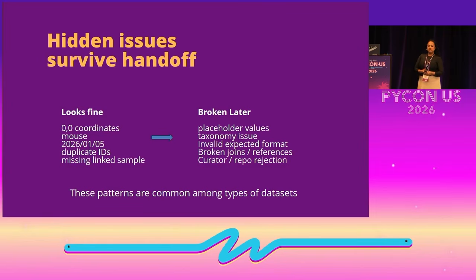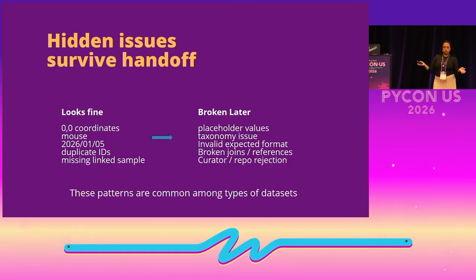Then duplicate IDs: a lot of copying and pasting rows, or you're making updates and you update the wrong one, and then you have duplicated data. And missing link samples are interesting. When you're submitting data, sometimes the information in one file needs to be cross-referenced with another file.